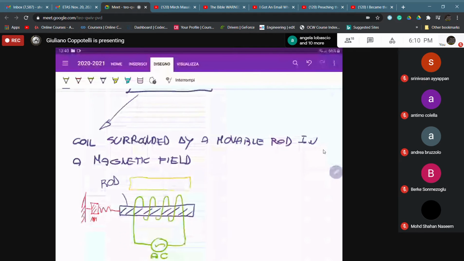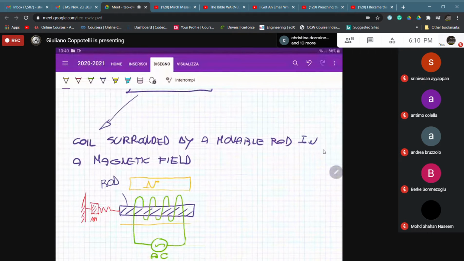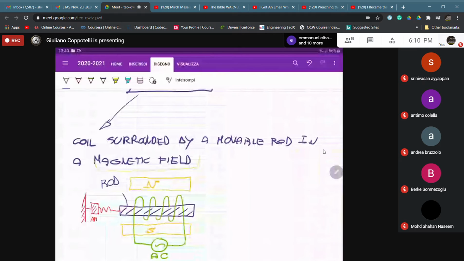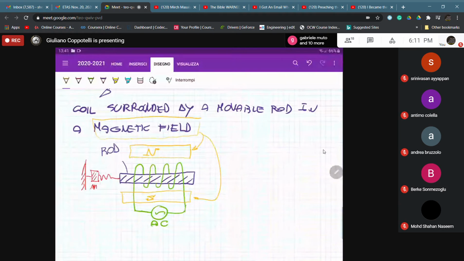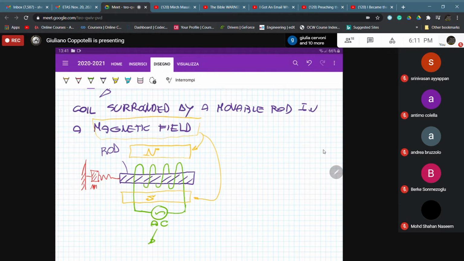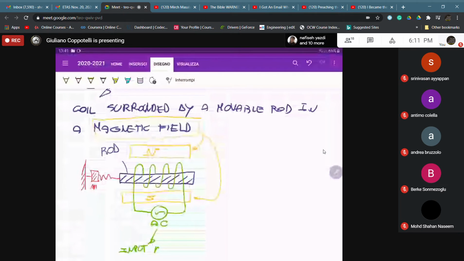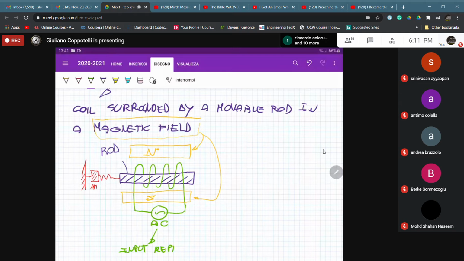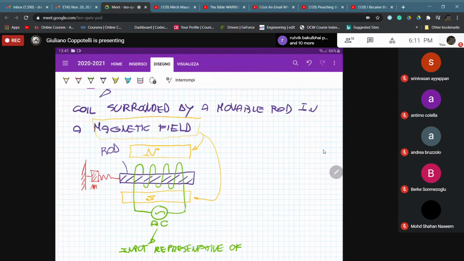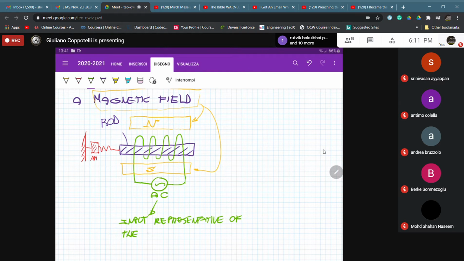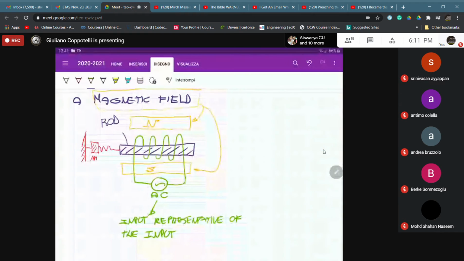Let's say north, south. Okay, so this is the magnetic field. This is the input that is representative of the input excitation.